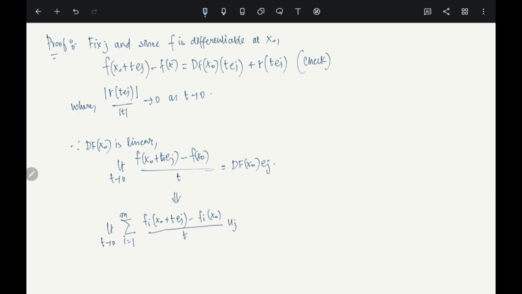This is nothing but df x naught acting at ej. Clear? Breaking it into components, one gets this, which is nothing but our assumption. So you do realize what I am trying to say is this: although it is a derivative, it is nothing but a matrix. Clear?